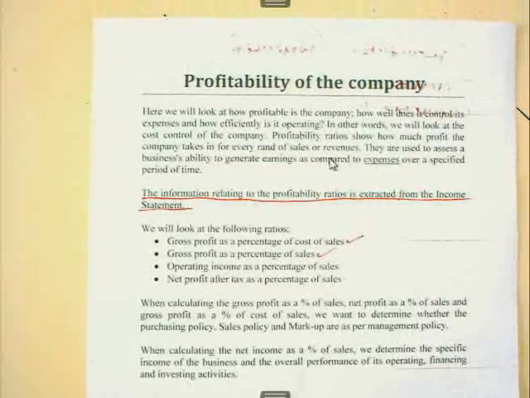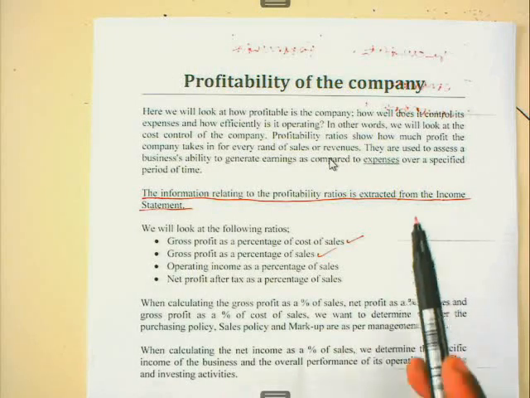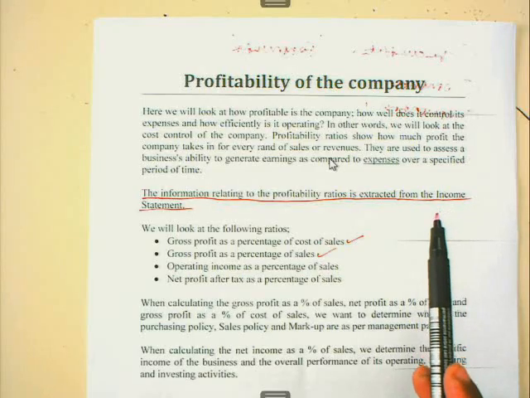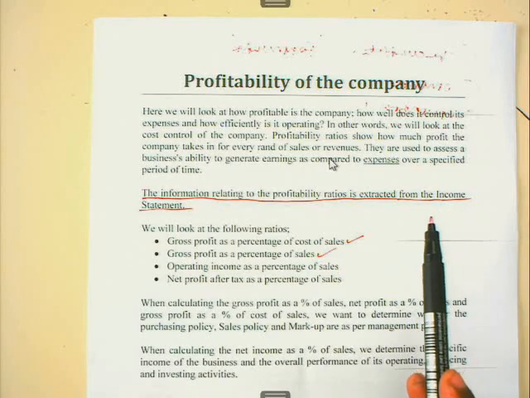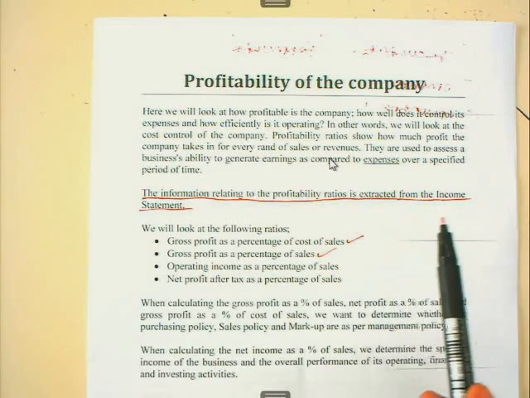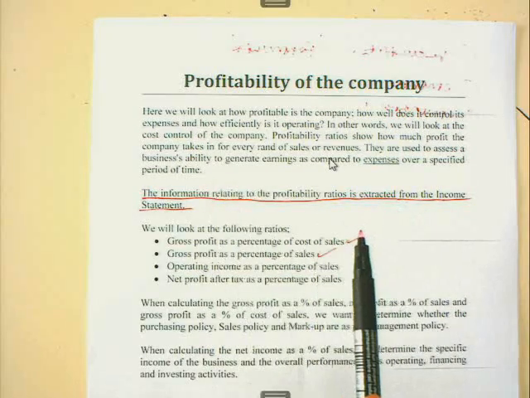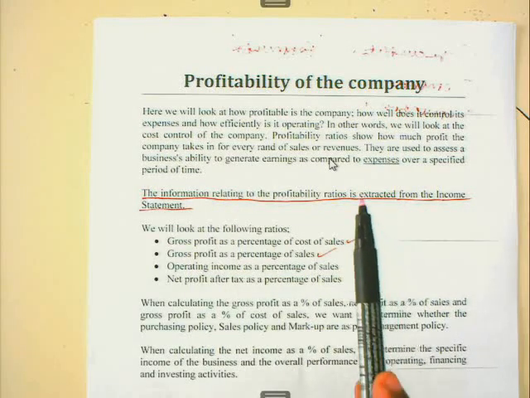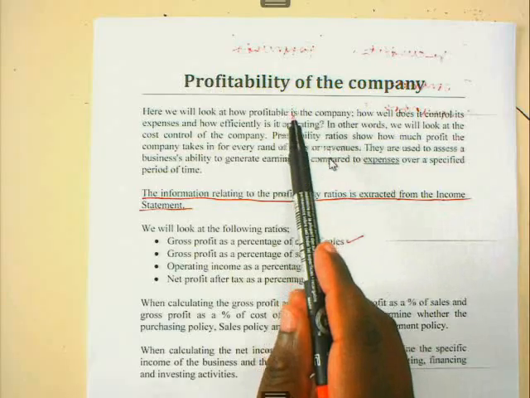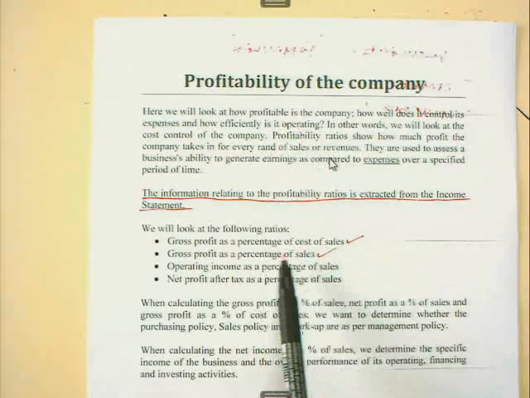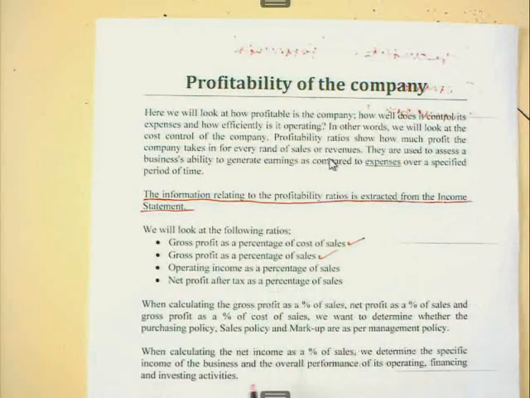We said when you do profitability ratios, you must know that your information will be extracted from the income statement. There won't be a need for you to go through the question paper, even the balance sheet, going line by line looking for operating profit. We need to know where our information is, because that saves us a lot of time.